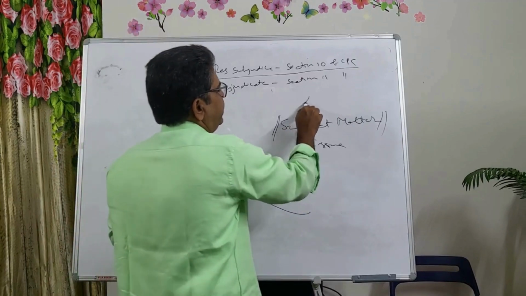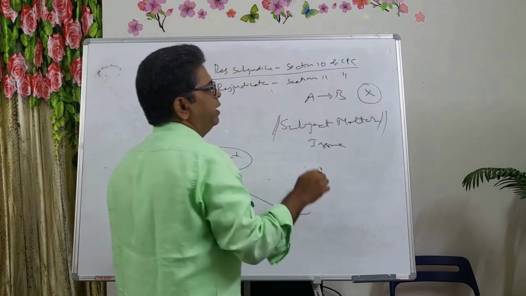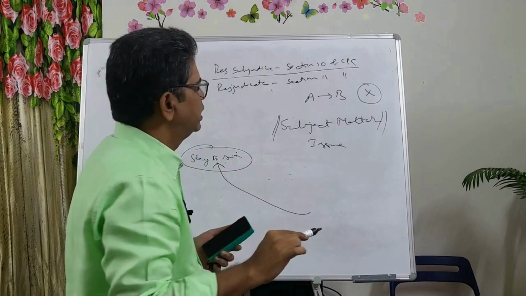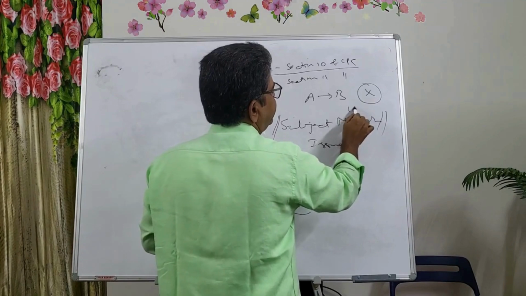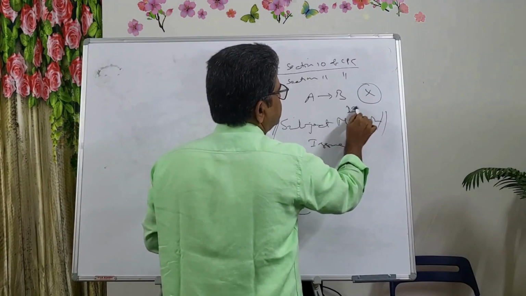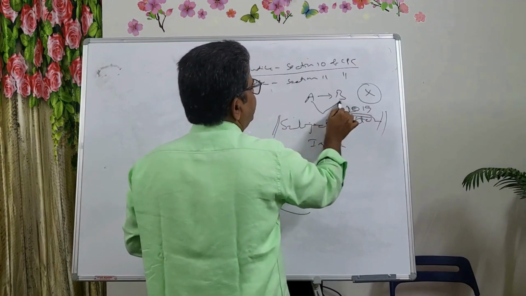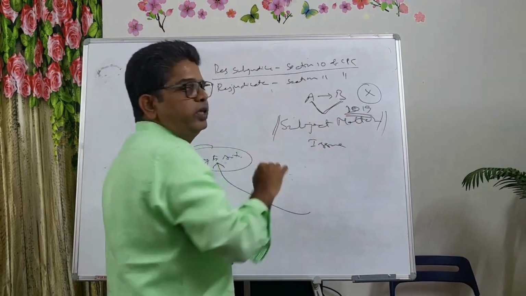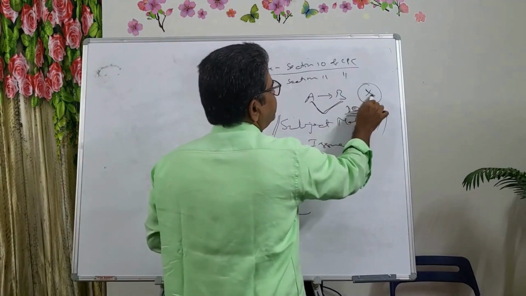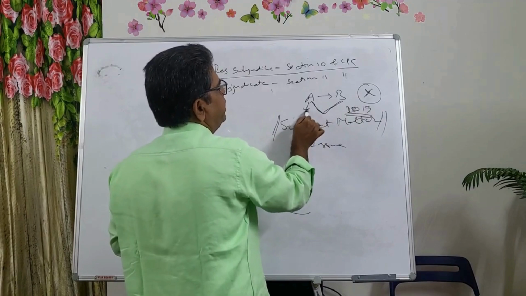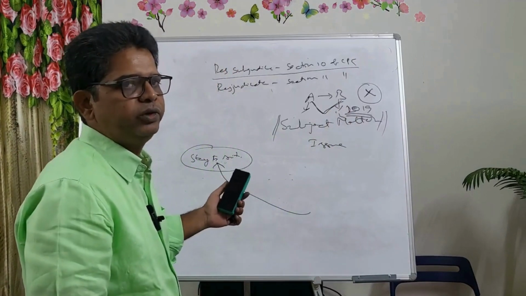For example, A files a suit against B in respect of X property or X relief, and it was decided and disposed of long back, say in the year 2019. Again, either of these parties can't bring another suit before the civil court in respect of the same subject matter, either A or his legal representatives, either B or his legal representatives. That is the principle of res judicata.